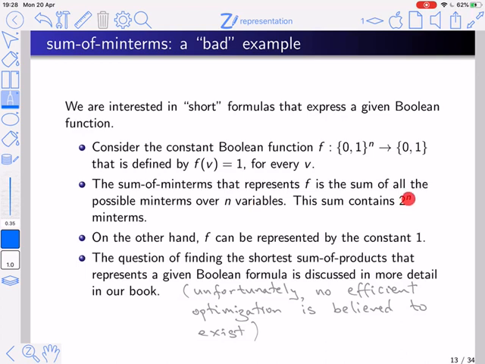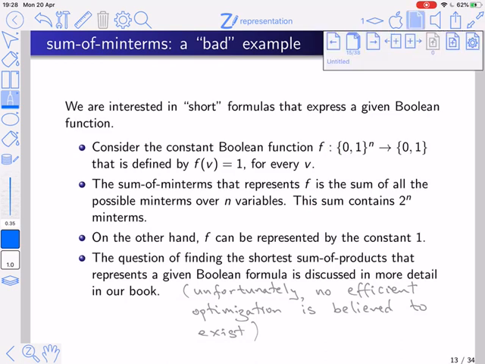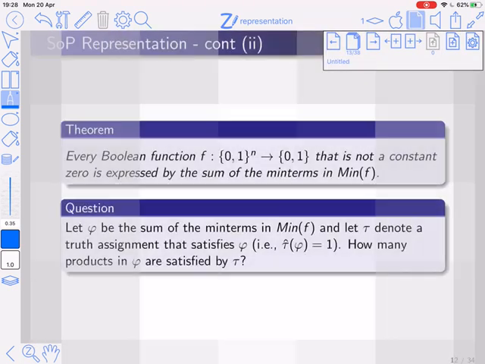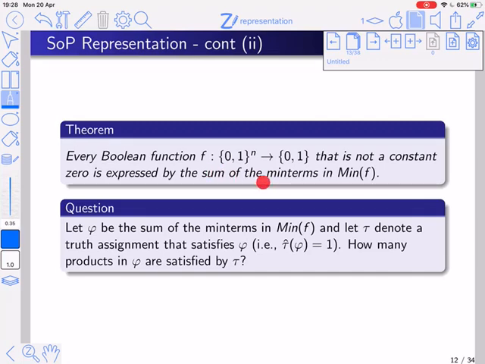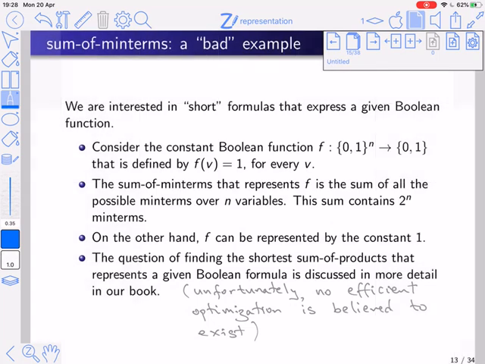So the Boolean formula that represents f according to the recipe that we have just described will consist of the sum of all the minterms of this Boolean function, and it will have 2 to the n minterms. On the other hand, this function, which is a constant function, can be represented by a 1.